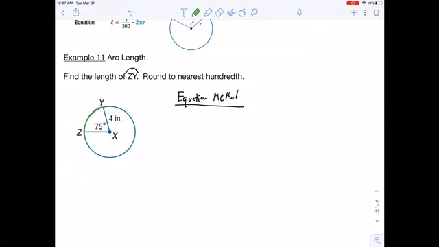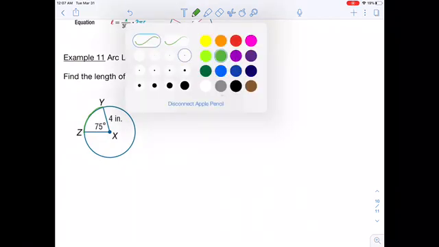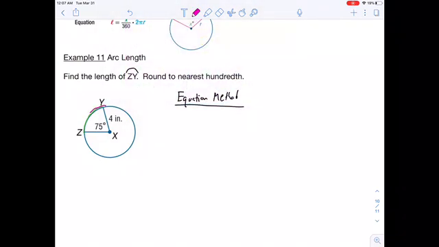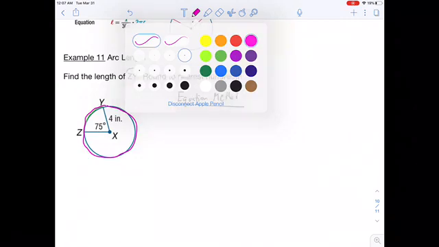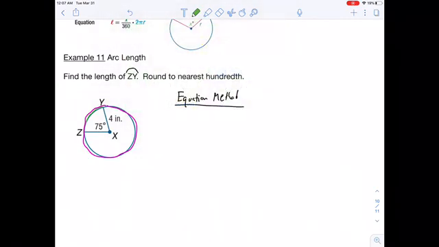And the arc length is related to the circumference of the circle, because if you took all the arcs that go all the way around the whole circle, that would sum up to the circumference, the distance around the circle. So what we need to find is what fraction of the circumference is contained in arc ZY.